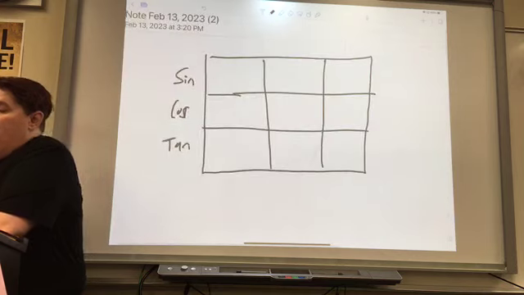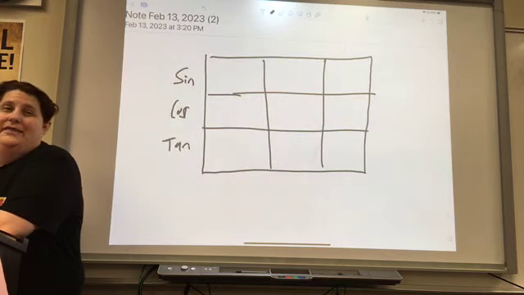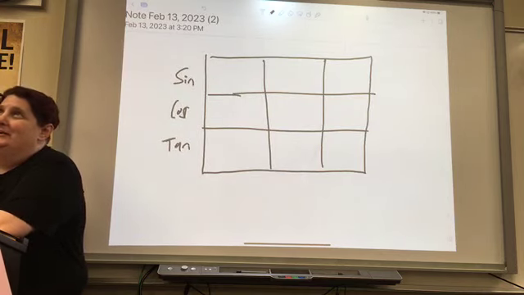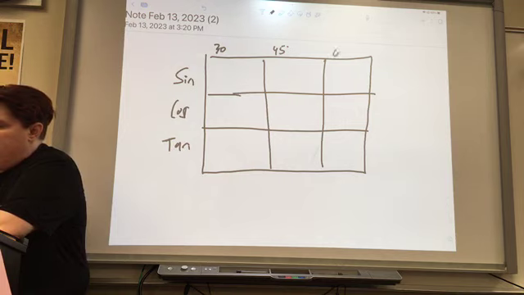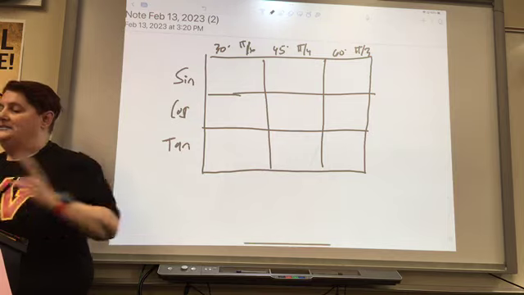Then I write the angles in order, and this is why I go with degrees first, because it's easier to put whole numbers in order than fractions: 30, 45, 60. Next to it I convert it: 30 is pi over 6, 45 is pi over 4, 60 is pi over 3. So that's the setup of it.